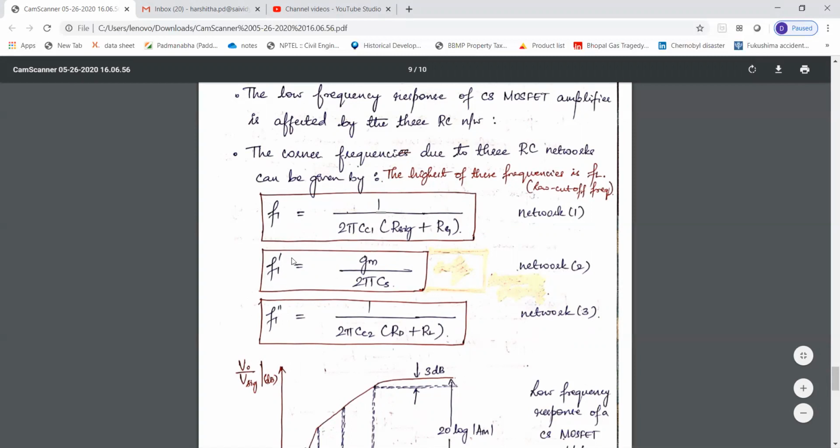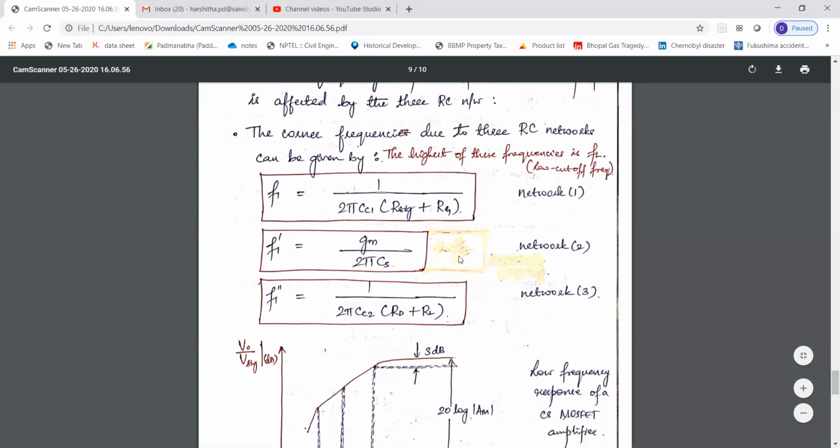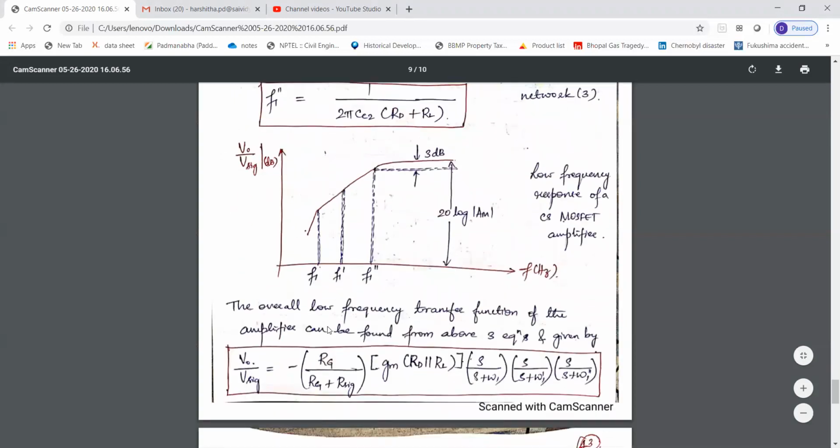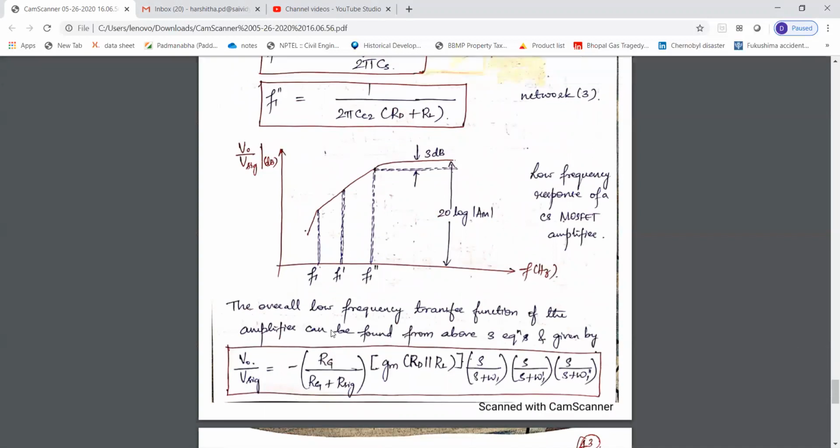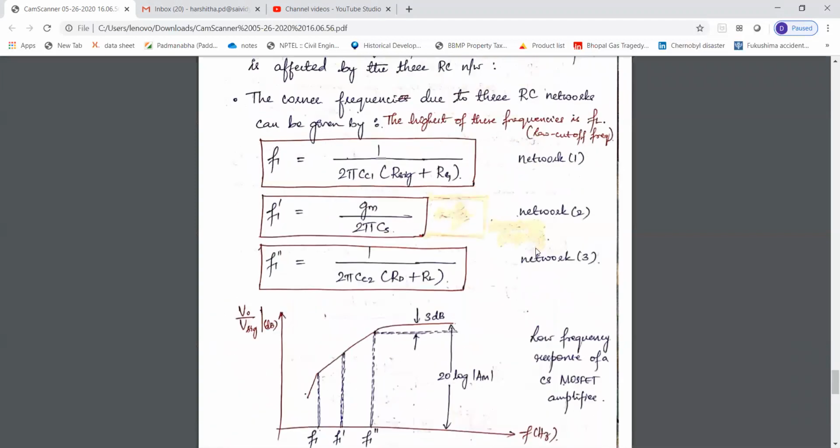Say F1 dash is higher than F1 and F1 double dash, then F1 dash will be the low cutoff frequency. If F1 is higher than F1 dash and F1 double dash, F1 will be the low cutoff frequency for the CS amplifier.